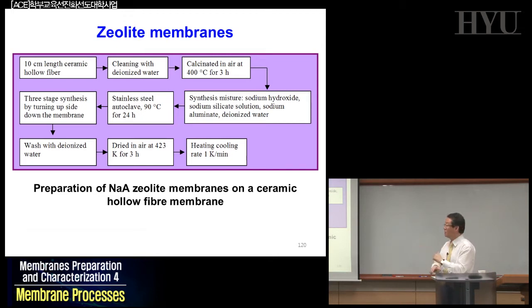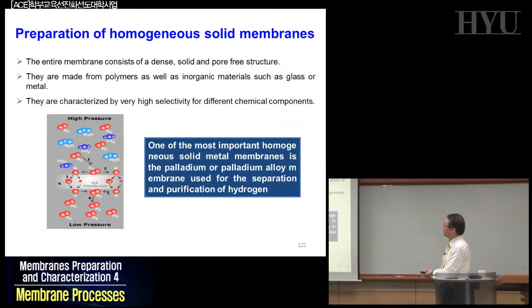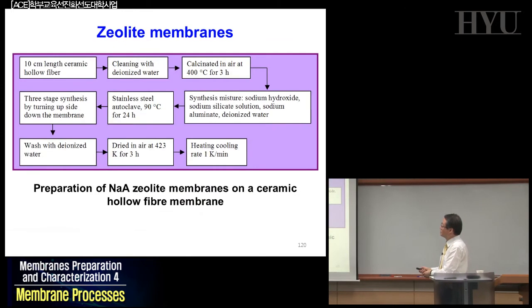Okay, it cost too much for us. Then you can start from your hollow fiber or the tubular form of your alumina, and you can come up with many steps and come up with the zeolitic membrane, sodium NaA type of zeolitic membrane on top of the ceramic hollow fiber membrane. It's just one example of these zeolitic membranes.